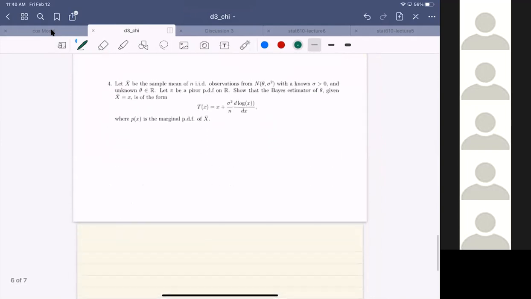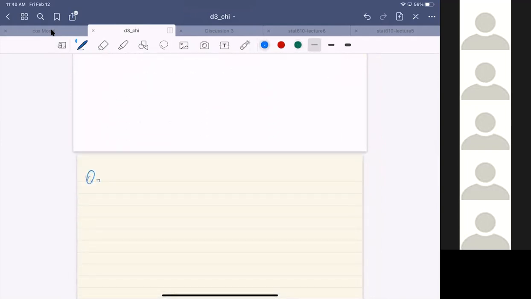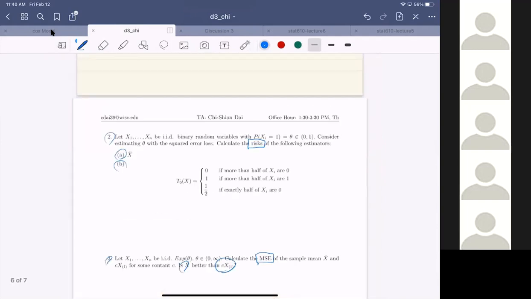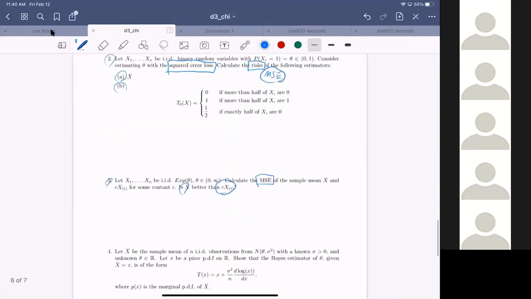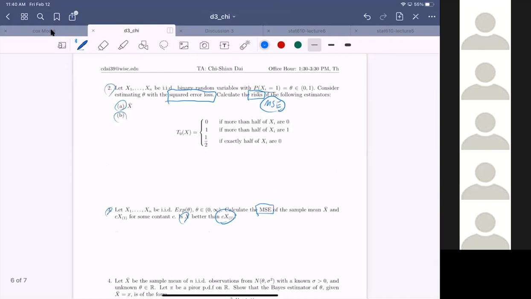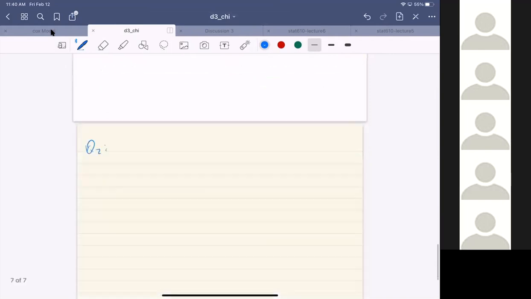Okay, question 2. We want to find the risk. The risk is the mean square error in this case because it's a squared error loss. We have a Bernoulli distribution, Bernoulli theta.